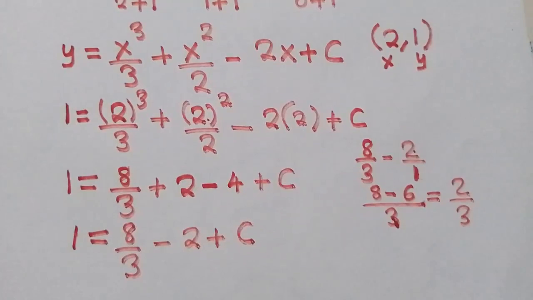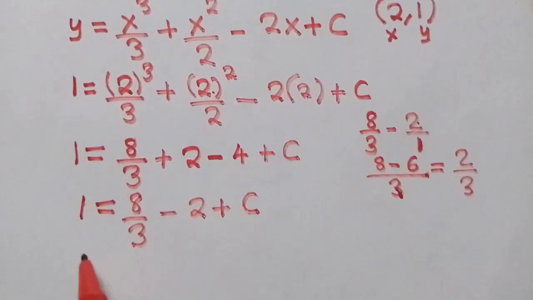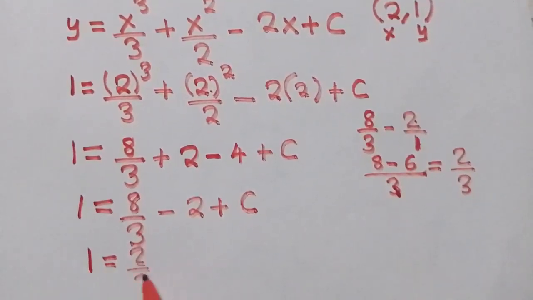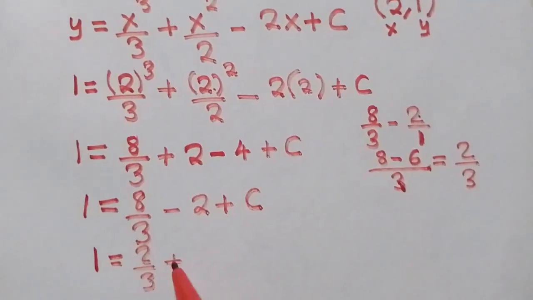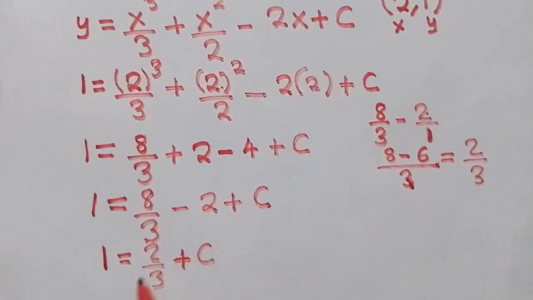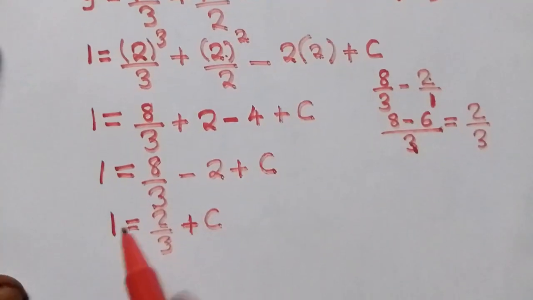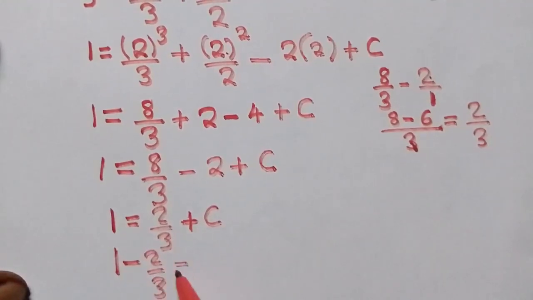So it is just the same as 1 is equal to 2 over 3 plus the C that is there. Then this one comes this side. So 1 minus 2 over 3 is equal to C.